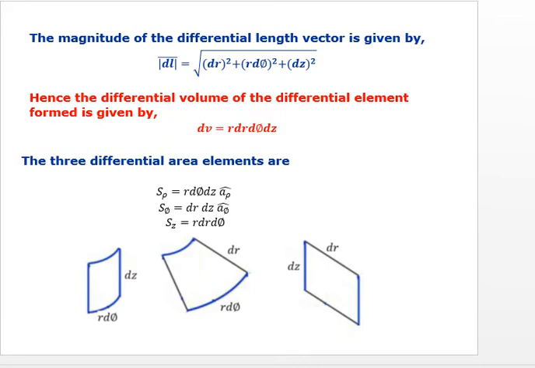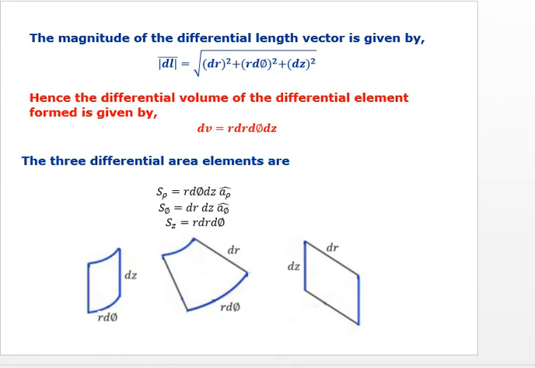s phi, sz. S rho represents the area in the rho direction. S phi is the elemental surface area in the phi direction. Sz is the elemental area in the direction of az. So basically we can write s rho equal to r d phi dz unit vector a rho.